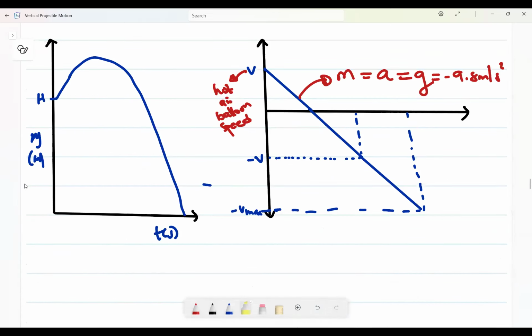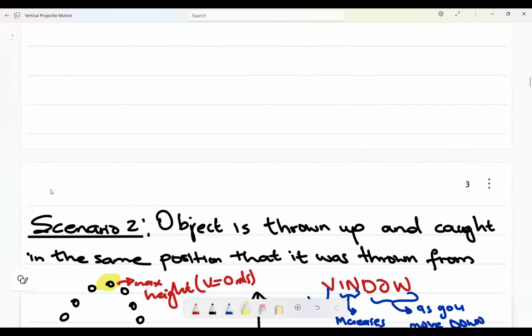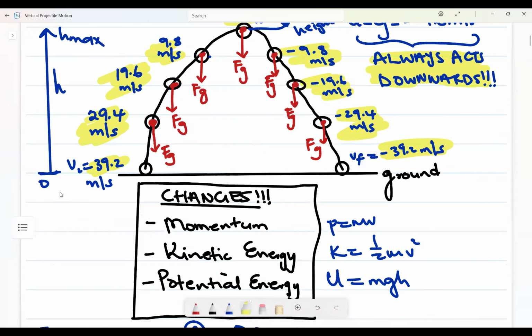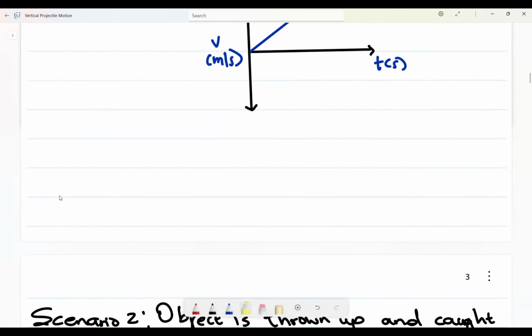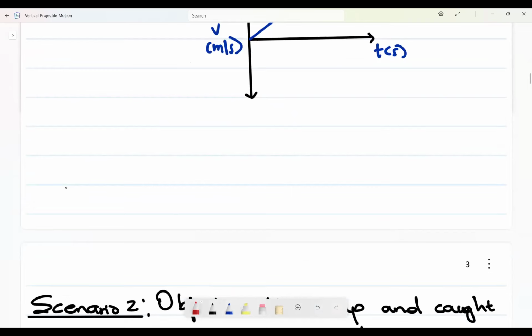Before we go anywhere, let's define the term projectile. The term projectile means... Do they call it projectile, or what do they call it?